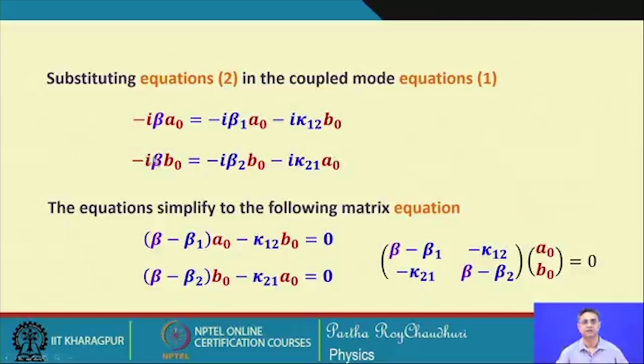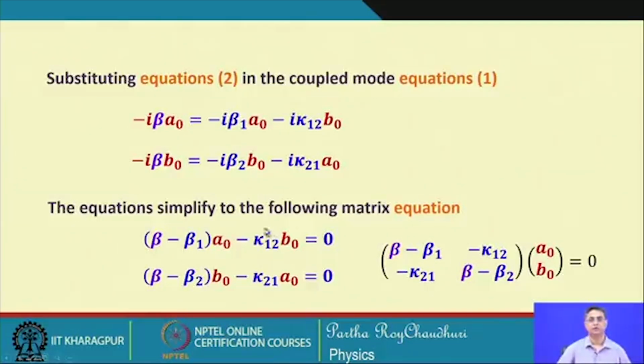So, I can rewrite in this form. The equations simplify to the following matrix, because you can put it in the form of a matrix which will give you the coefficient matrix for A0 and B0, that is in terms of beta, beta 1, K21 and K12 in this form.